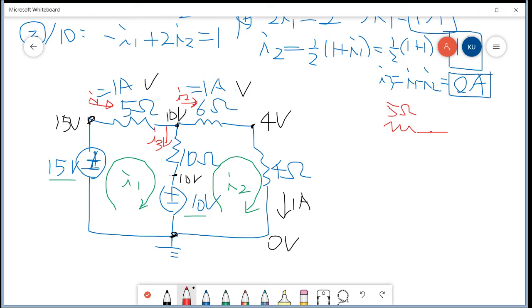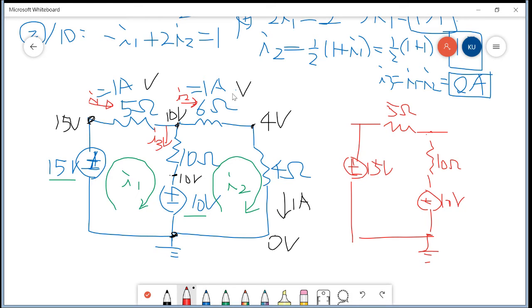So this is 5 ohm, this is 10 ohm, this is 10 volt, and this is 15 volts, and actually this 6 ohm and 4 ohm is in series, so I can simply write it as 10 ohm, something like this, which is actually the same.